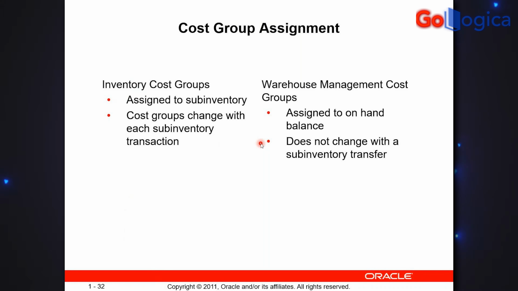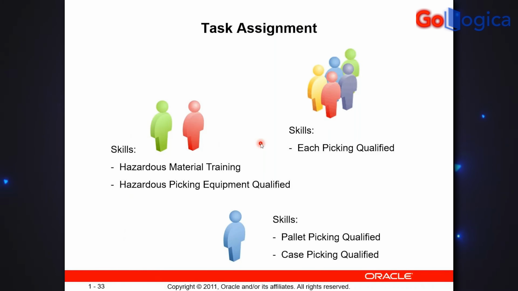In inventory it will be assigned to sub inventory, but in WMS it is on on-hand balances only. And from beginning to end it is going to remain the same in WMS. It is not going to change whenever it is transferred to a different sub inventory. But in inventory, it is going to change in every sub inventory transaction. So we will discuss that.